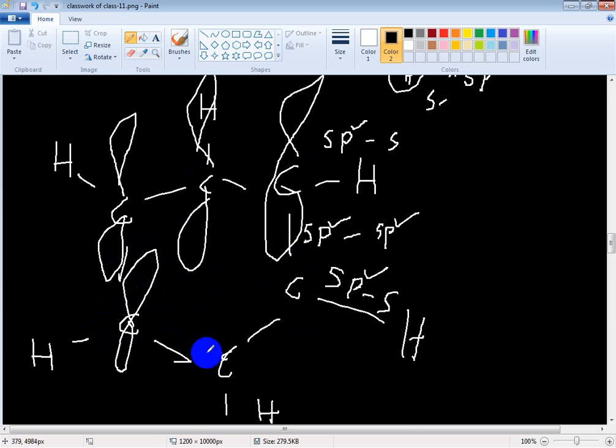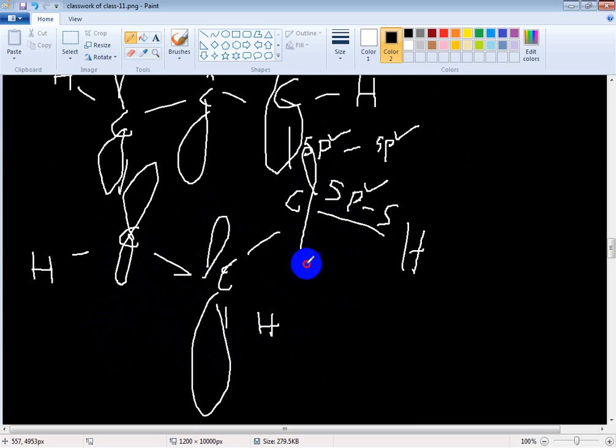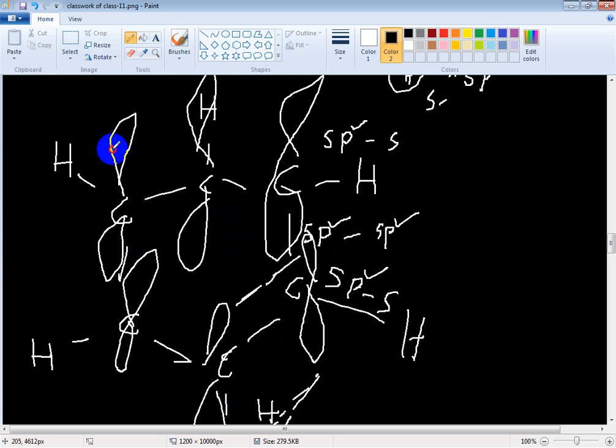Each carbon contains one 2pz orbital remaining. Here, partial side by side overlap is called a pi bond. So a side by side pi bond forms.